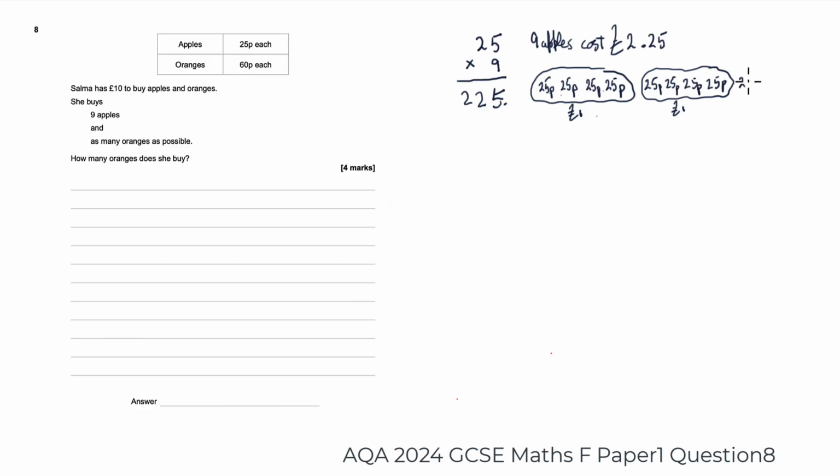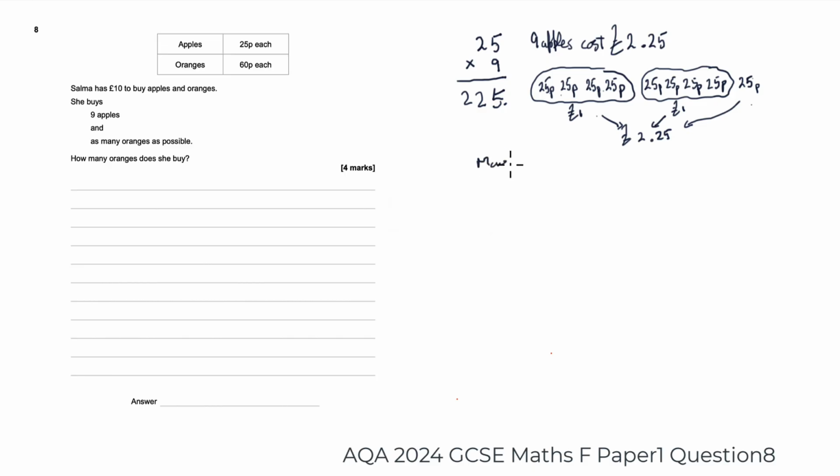So she's got 1 apple still to buy. That'll cost her 25p. So all in all, £2.25. So that's another way of doing it. So multiplication, or figure it out that way. So anyway, what's she got left?